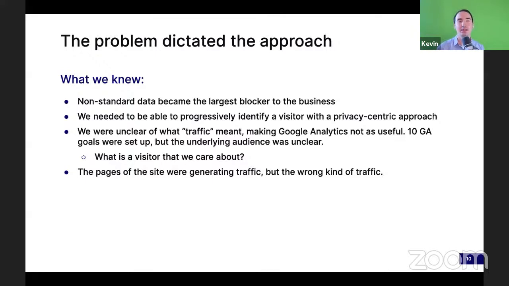So it's accidental. But when you look at the problems that existed in the data, what we knew is that the non-standardization of it became a huge blocker to the business to know where it was at and what it needed to change. And we also knew we wanted to progressively identify people and not pull a lot of info about a person without their permission. So privacy was really important to this flow.